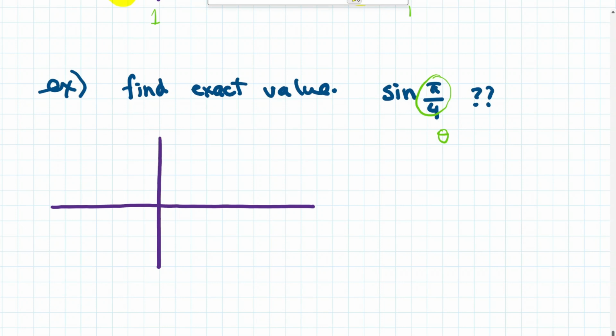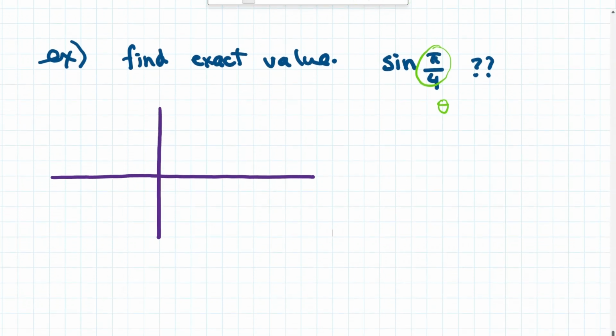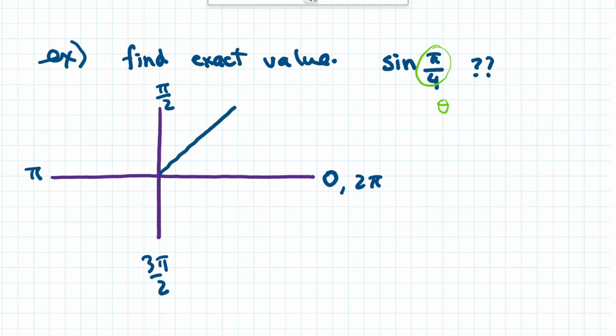We also want to figure out which quadrant this falls under. So if we go through our angles, we go from 0 to pi over 2 to pi to 3 pi over 2 back to 2 pi. So again, what quadrant does pi over 4 fall under? Well, we can see that it falls under quadrant 1, so we can draw our triangle right over here. Always draw your right angle triangle.